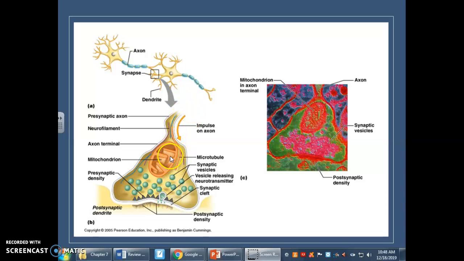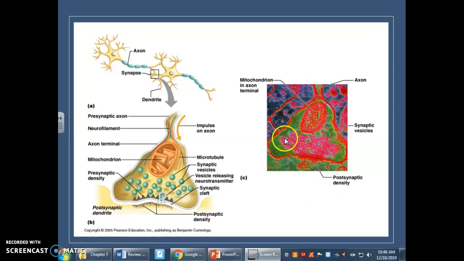When the action potential gets here, it tells these vesicles to release the neurotransmitters into this synaptic cleft. And then there are receptor proteins on the dendrite of the receiving cell, and when the neurotransmitter binds to those proteins, the signal is sent into the cell.